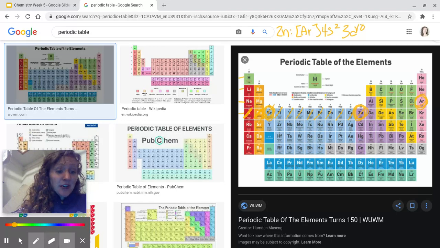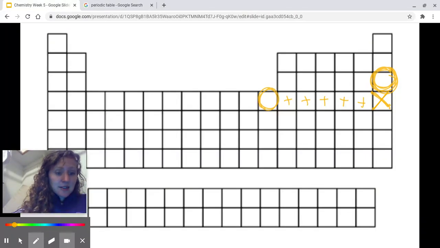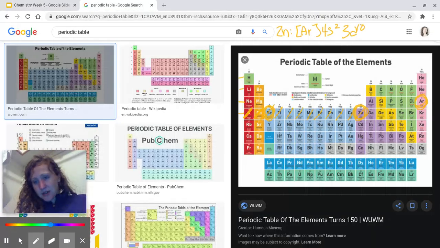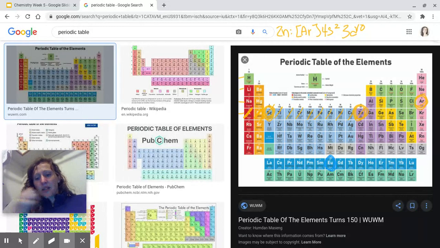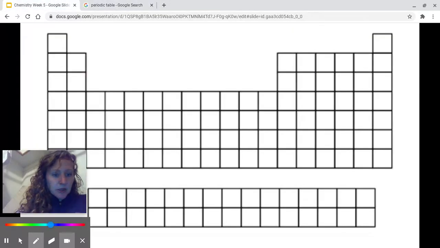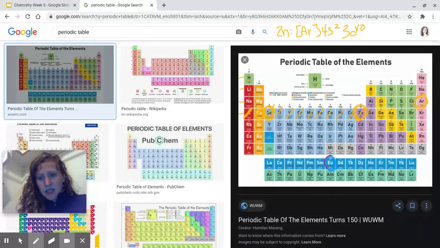And I can do this for anything. I can choose something crazy from the bottom. Let me go all the way down. Let's do, I don't know, Eu. Oh, I picked blue. That was probably not the best choice. Let me pick a different color so you can see it a little bit better. Okay, Eu down here.